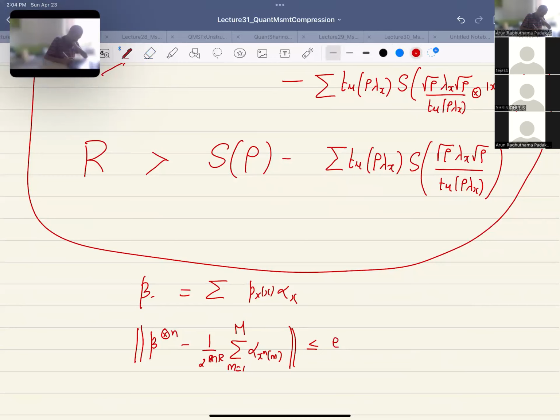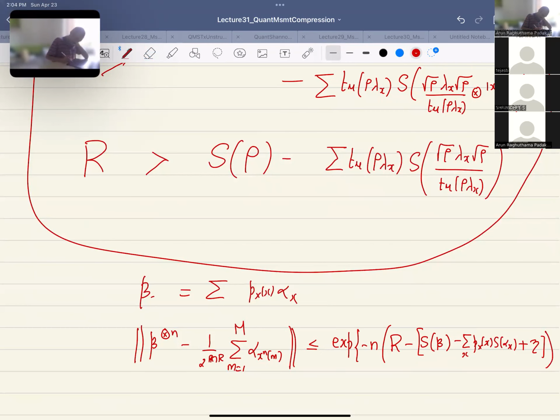Actually, we showed the following: exp minus n times R minus S of beta minus sum over x p x of x S of alpha x. This is your covering lemma. Plus some eta, something like this.